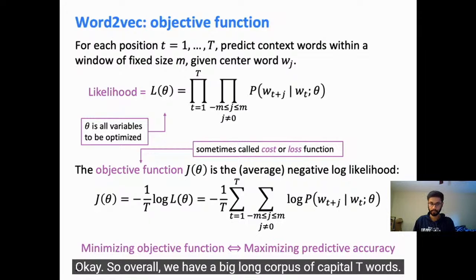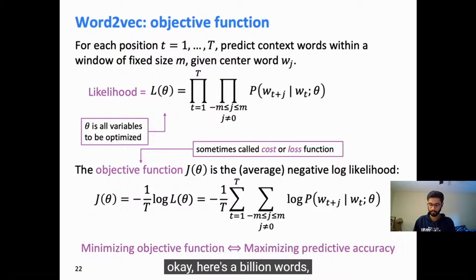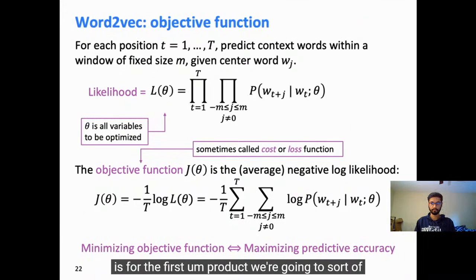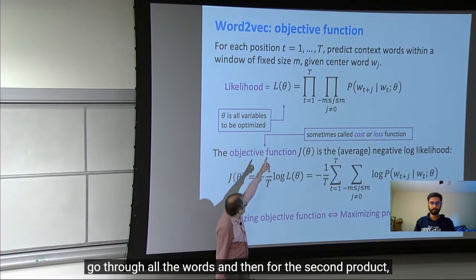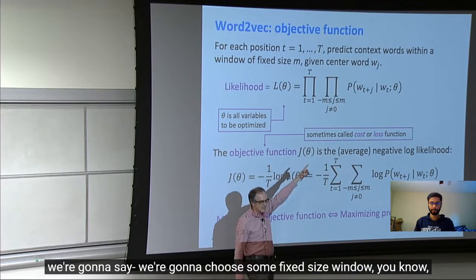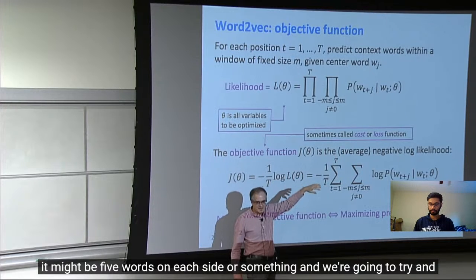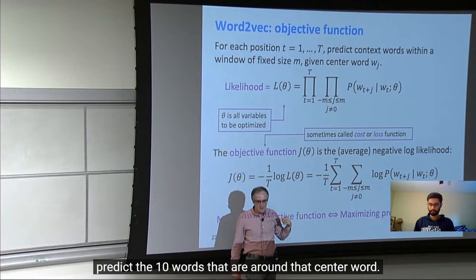Okay, so overall we have a big long corpus of capital T words. So if we have a whole lot of documents, we just concatenate them all together and we say, okay, here's 1 billion words as a big long list of words. And so for the first product, we're going to go through all the words, and for the second product, we're going to choose some fixed size window, you know, it might be 5 words on each side or something, and we're going to try and predict the 10 words that are around our center word.